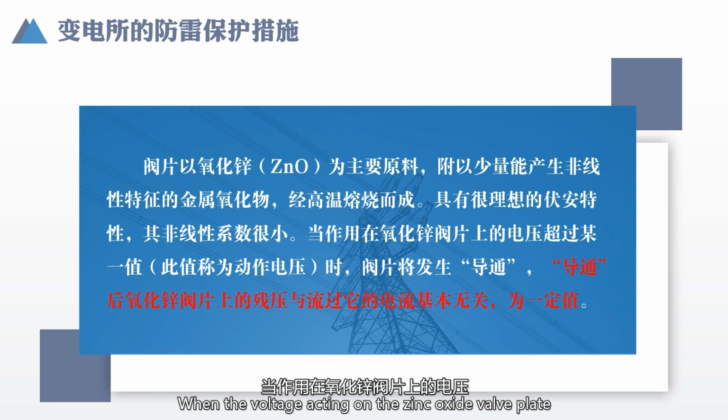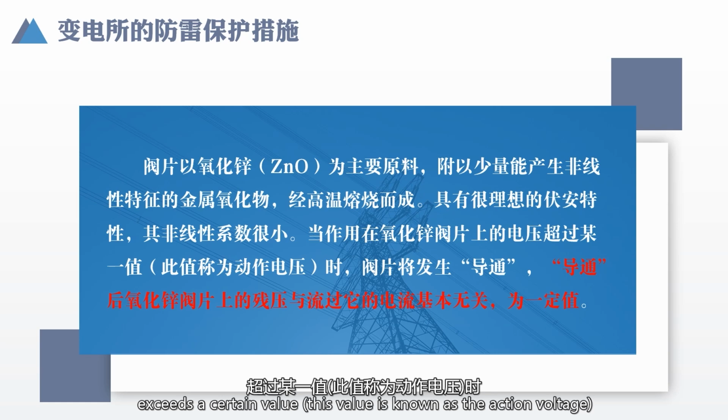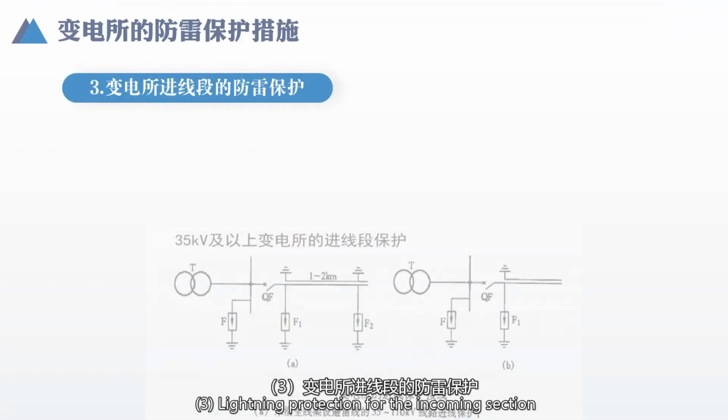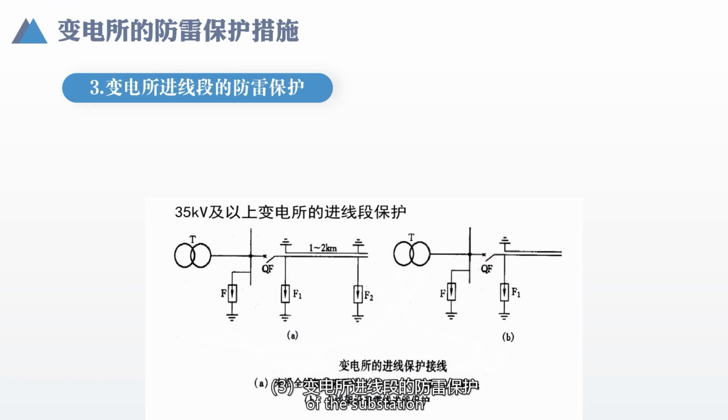When the voltage acting on the zinc oxide valve plate exceeds a certain value, the valve will conduct. The residual voltage on the zinc oxide valve plate after conduction is basically independent of the current flowing through it.